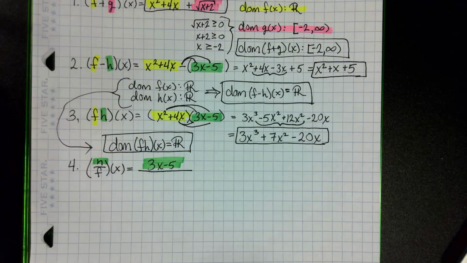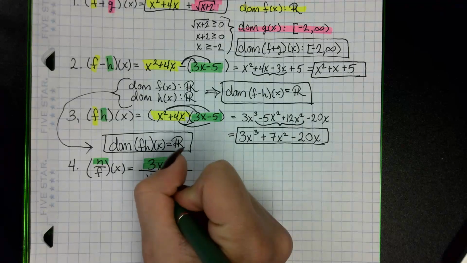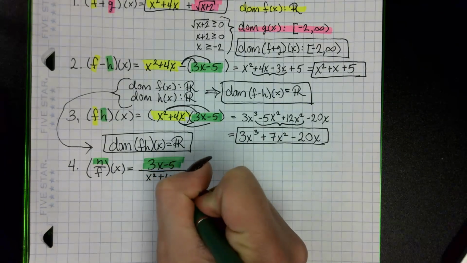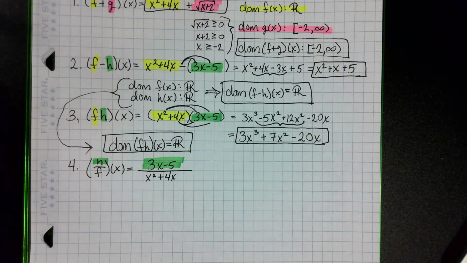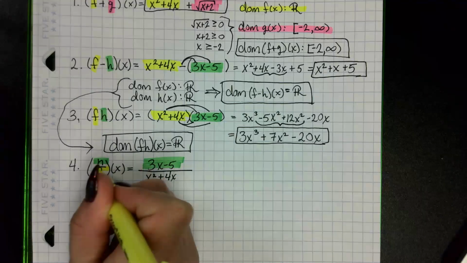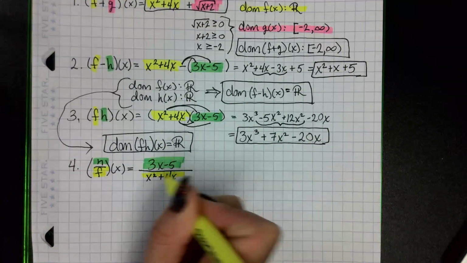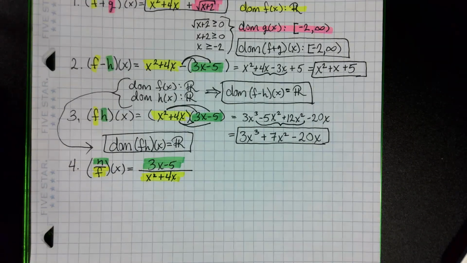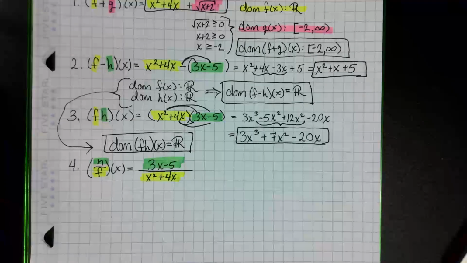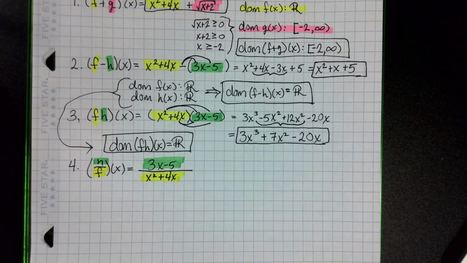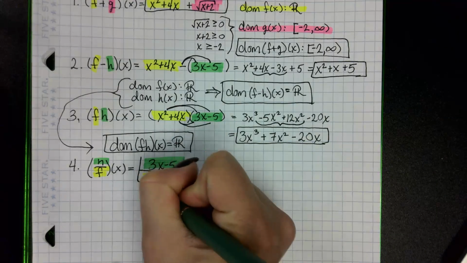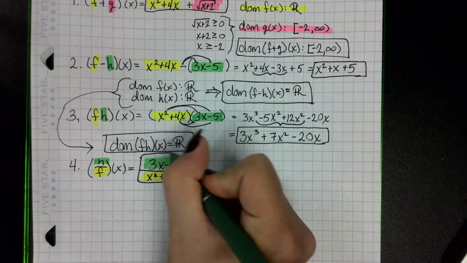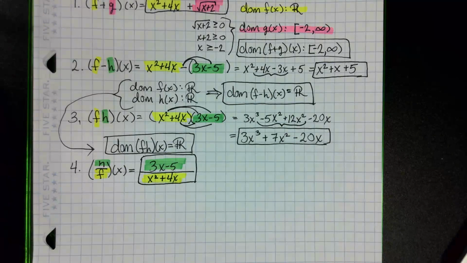And the f is on the bottom, so x squared plus 4x is on the bottom. And there's nothing I can do to simplify that. So we're done with writing the function. That is h divided by f of x.